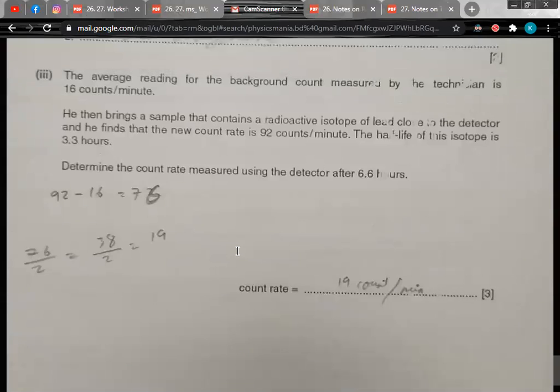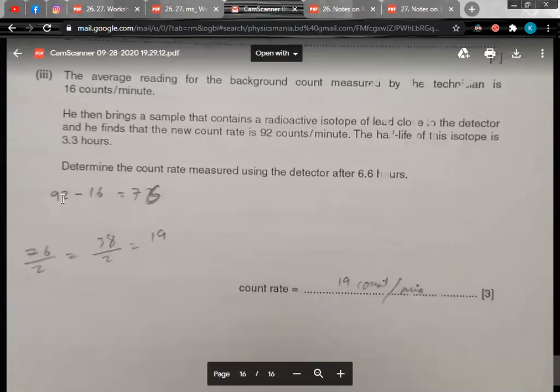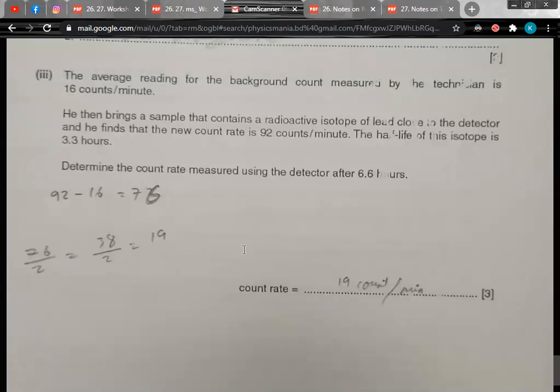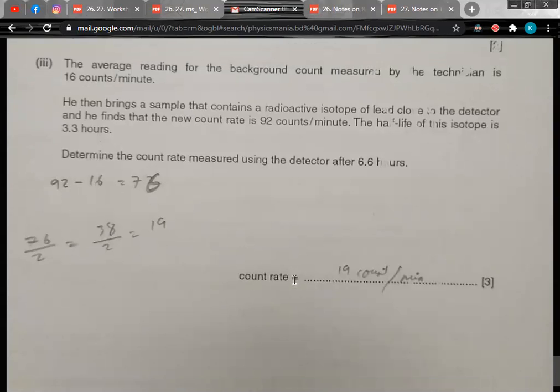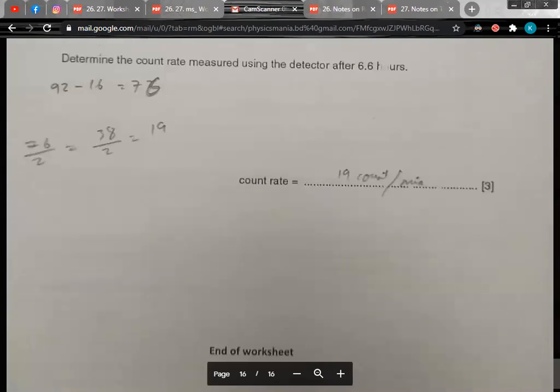Okay. 6.6 hours means 2 half-lives, right? Yes, sir. And I did two. First, I subtracted 19 from 92. Why 19, sir? 19 plus 16, 35, sir? 19 plus 16, because the count rate will also have the background count added.